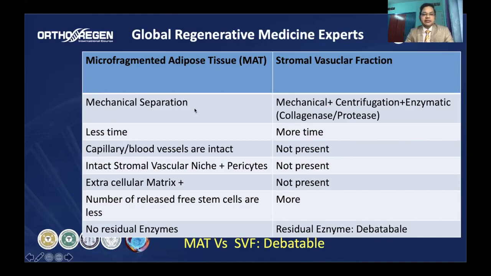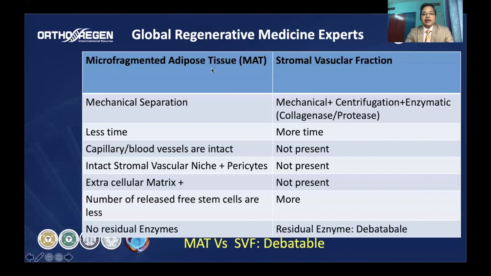While in MAT, it's just mechanical, and you are washing, cleansing, and rinsing to get a product. So MAT basically takes less time, and stromal vascular fraction takes a little more time for processing, depending upon what kind of equipment you are using.